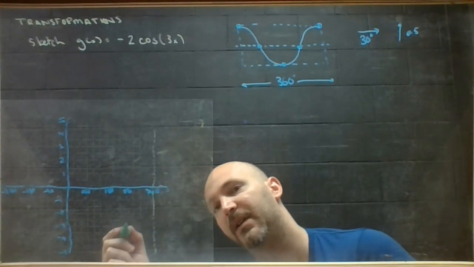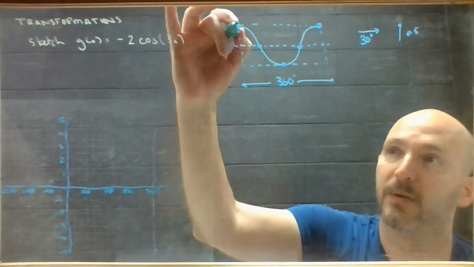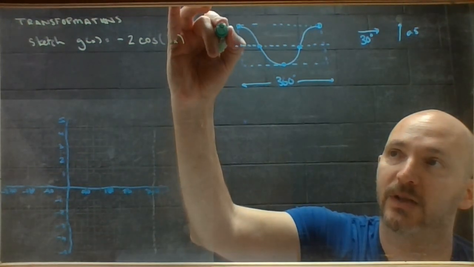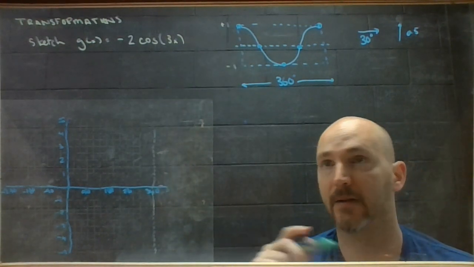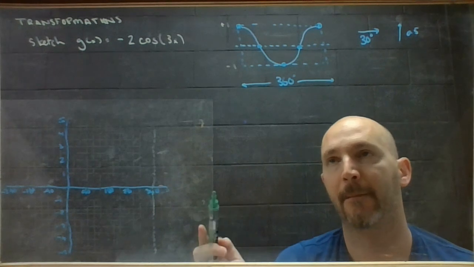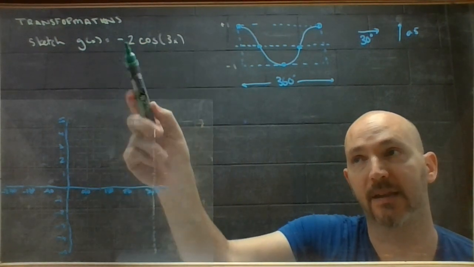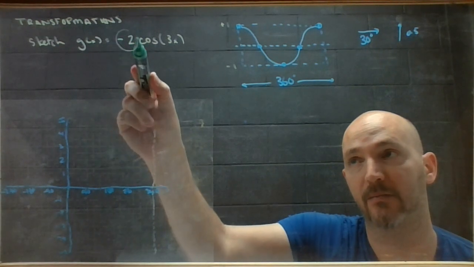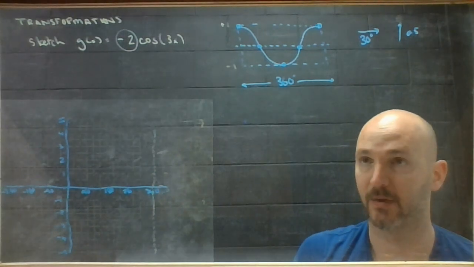And normally, a cosine goes up 1 and down 1 from its midline. But this basic pattern has been modified by this A-type transformation here. So what's that going to do to my cosine pattern?